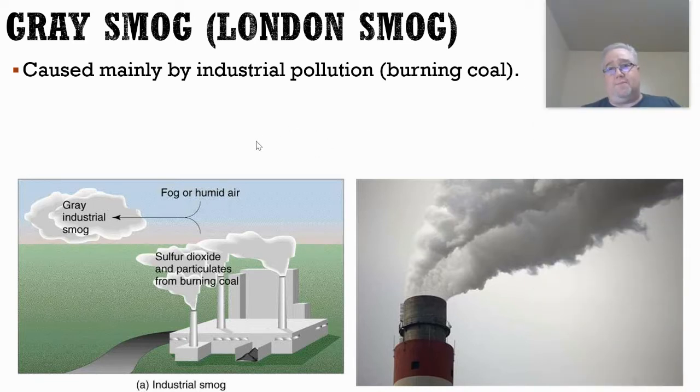Now, gray smog is pretty simple to understand. It's mainly caused by industrial pollution, and that's basically burning coal. So, for example, in this picture down here at the bottom, say you have a coal power plant.